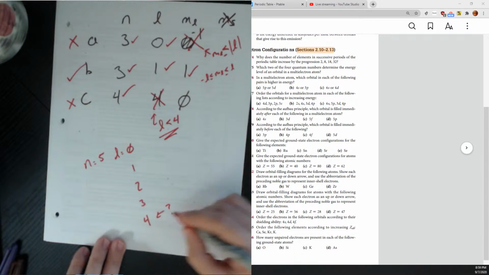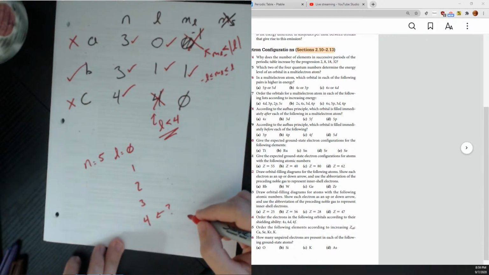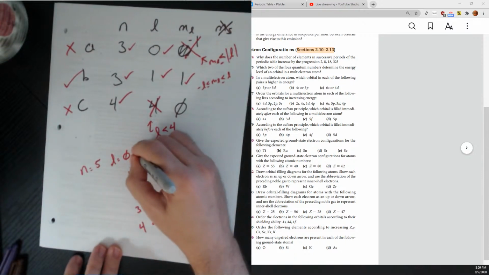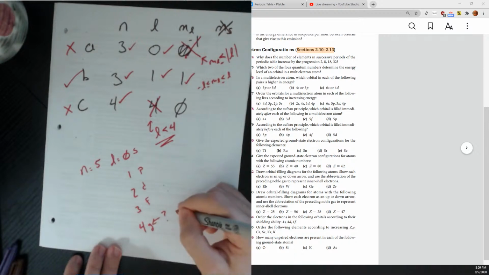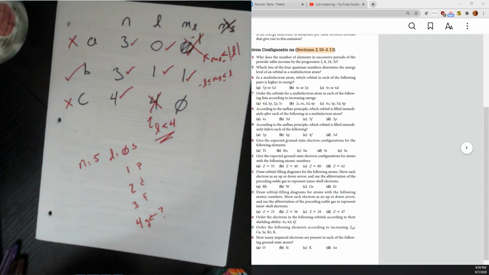Really, we would not ever actually go to sublevel 4 because this is s, p, d, f, and g. Real atoms don't really go out there, but we could. So I don't know if the problem is going to count that or not.